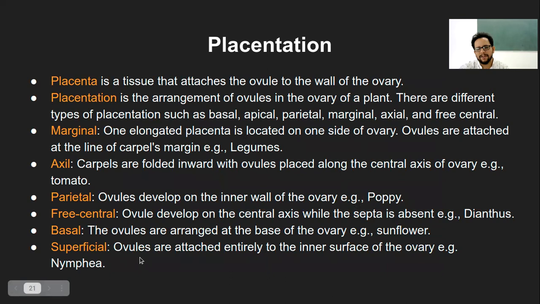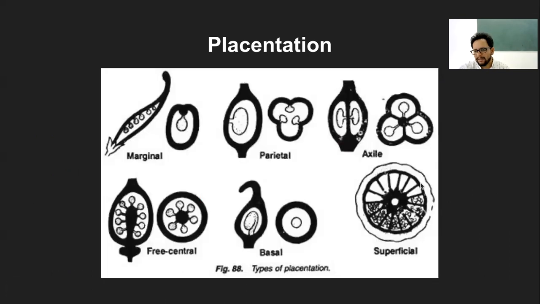And the superficial placentation, the ovules are attached entirely to the inner surface of the ovary. For example, nymphaea. Superficial, as in, inside the ovary itself, but not to the ovarian walls.